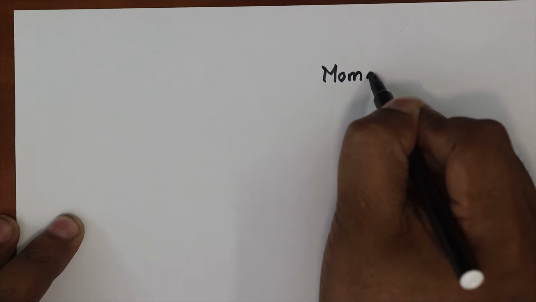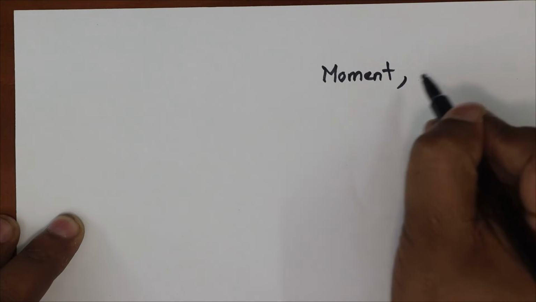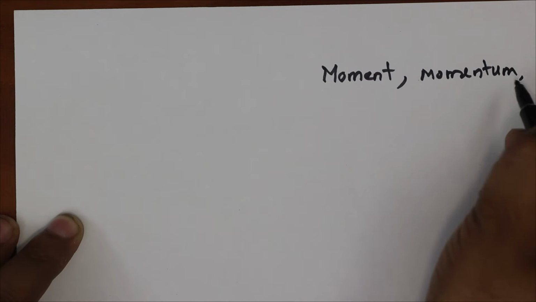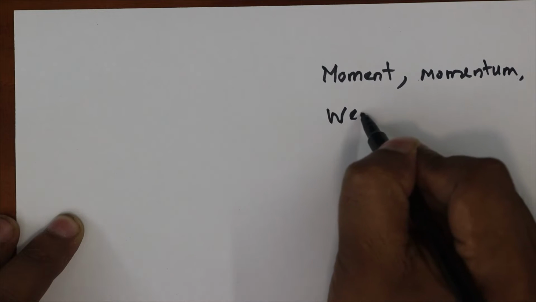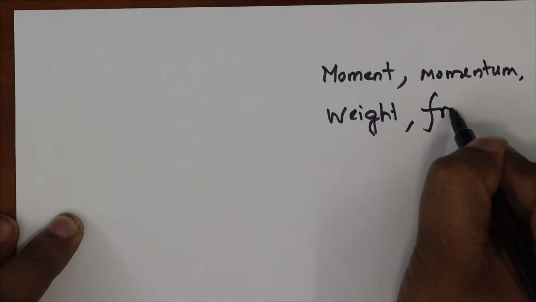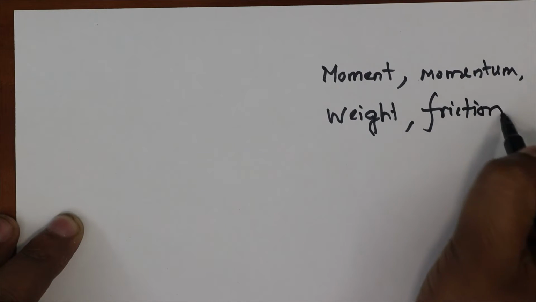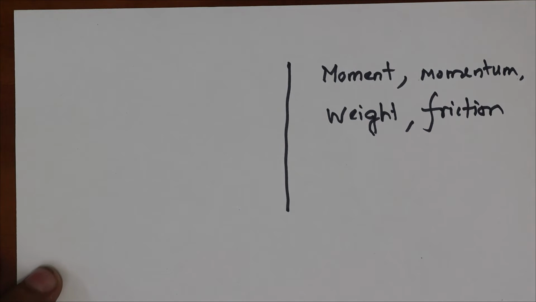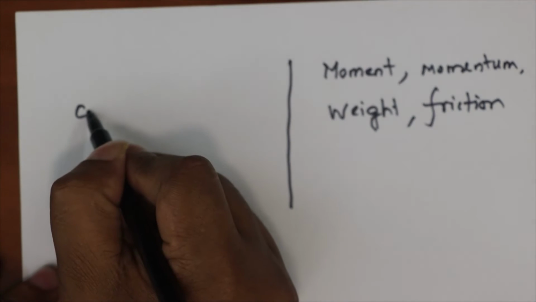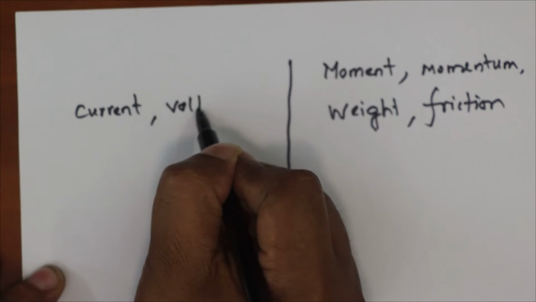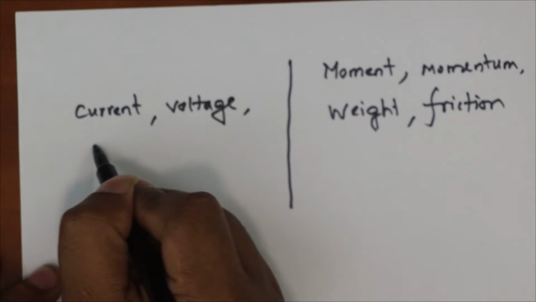Moment is a vector quantity. Momentum is a vector quantity. Weight is a vector quantity. Friction is a vector quantity. On the other hand, current, voltage, charge are scalar quantities.